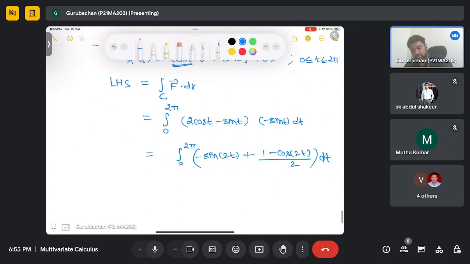Integrate this and tell me what is the answer. Integrate this one. Yes.